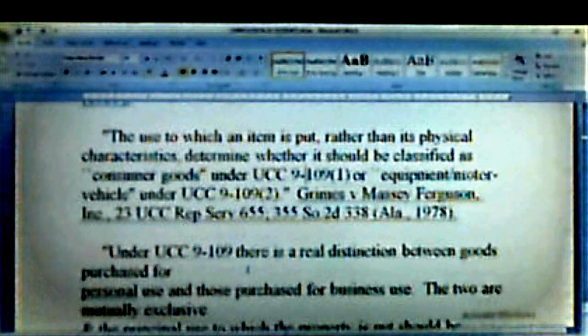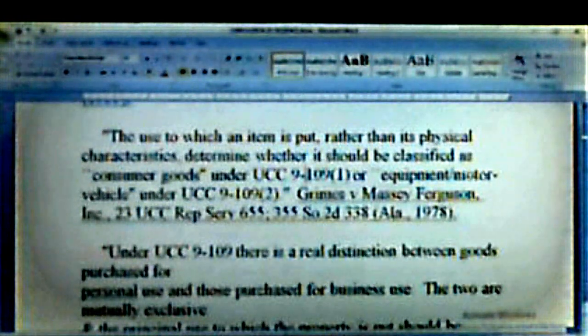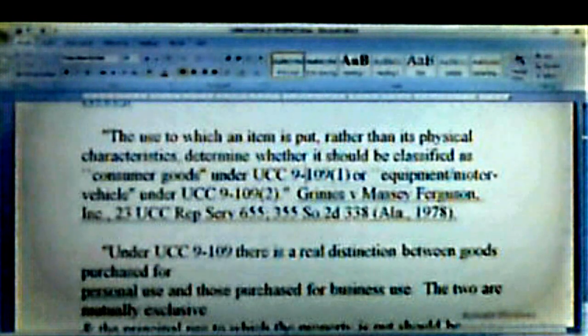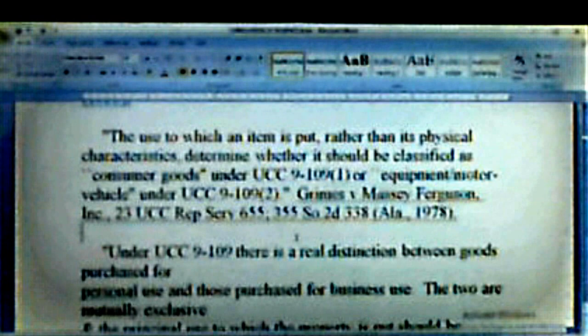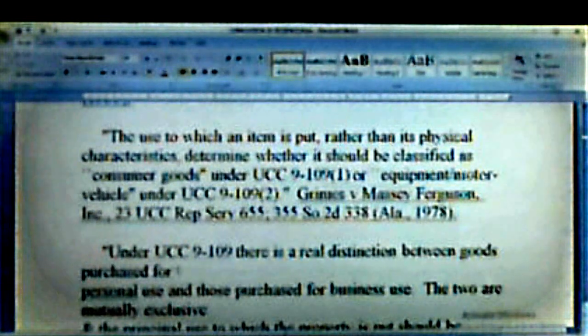And that case took place in Alabama. You can see that right here. So you can see that this applies from state to state to state. It doesn't change. Every state's bound by the commercial code.